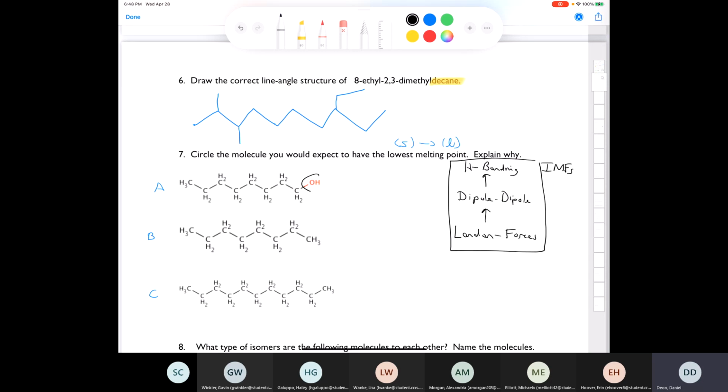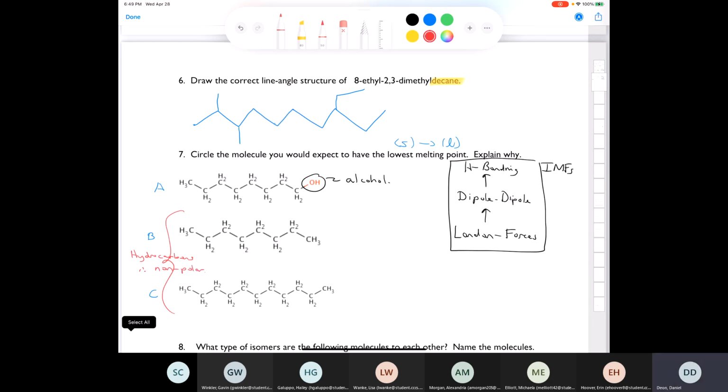If I look at the first molecule, it has a hydroxyl, so it has an alcohol, and therefore it is capable of hydrogen bonding. But if I look at B and C, both of these molecules are hydrocarbons. Therefore, they are both non-polar.